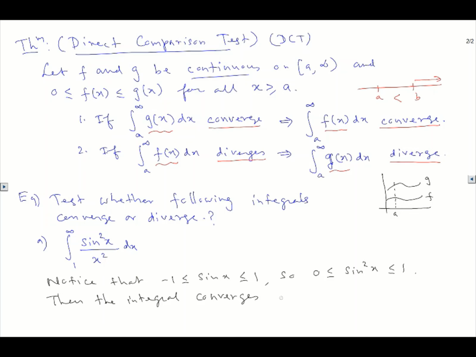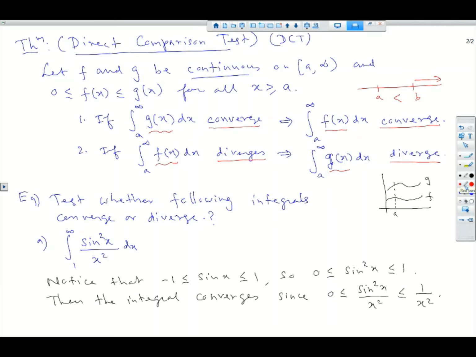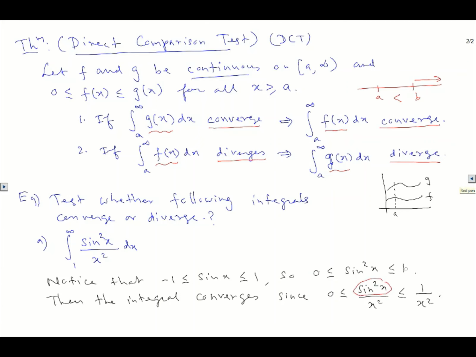You can say this since the function in the integral, sine squared x over x squared, is less than or equal to 1 over x squared because of the observation. Why? Because we know that sine squared is in between 0 and 1. So if you replace sine squared by its largest value, what's the largest value? The largest value is 1. If you replace that by 1, it should be the largest. But then you can see that your integral becomes simple. It's just 1 over x squared.